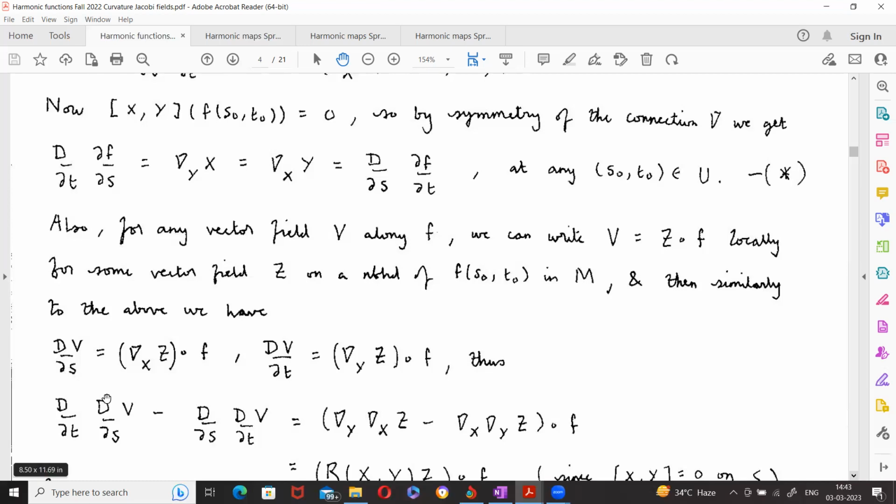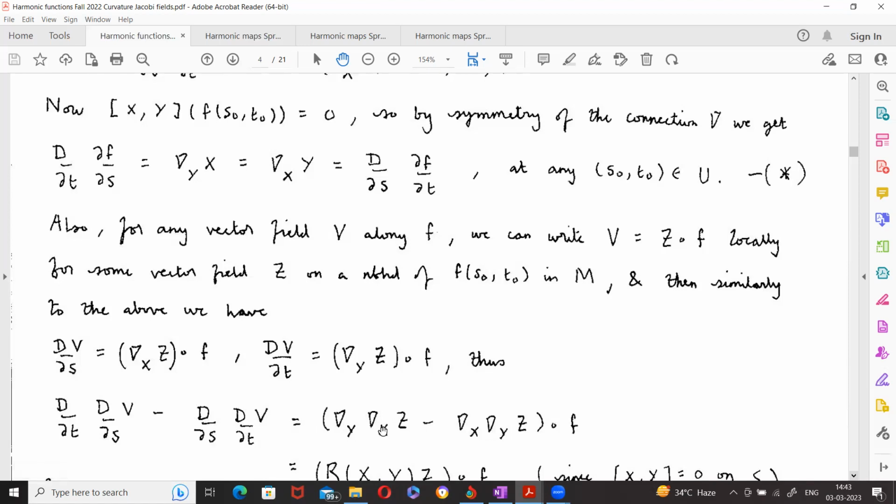So therefore, if I apply this again to this vector field nabla_X Z, what will D/∂t of D/∂s V be? It will be nabla_Y nabla_X Z, and similarly D/∂s of D/∂t V will be nabla_X nabla_Y Z. So what will the difference be?